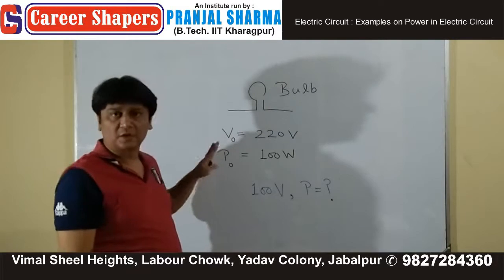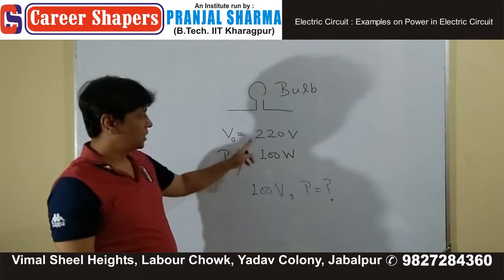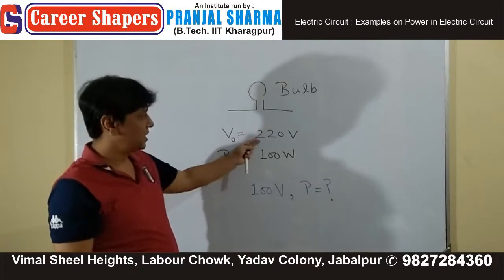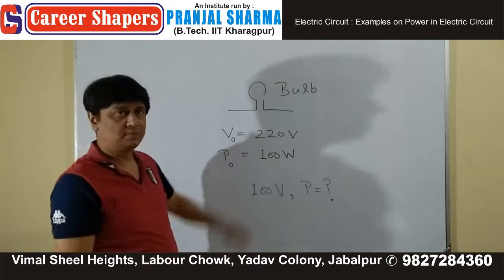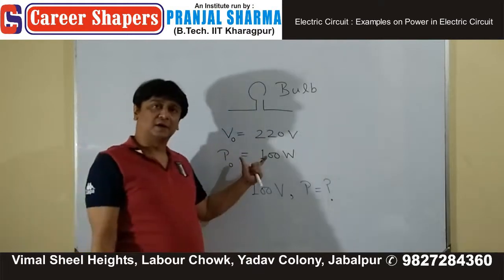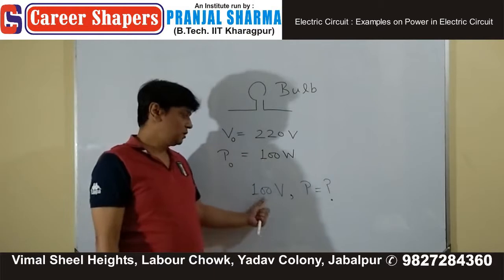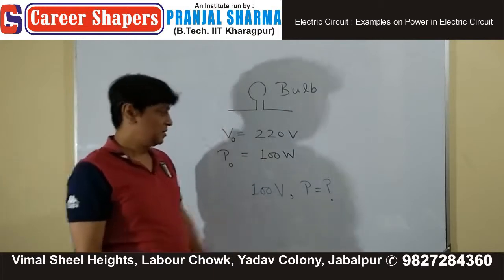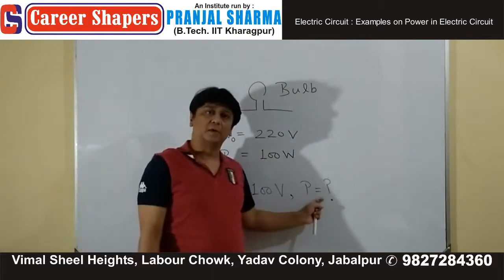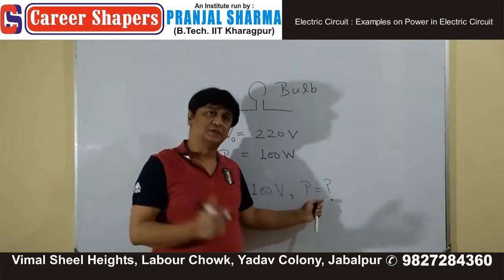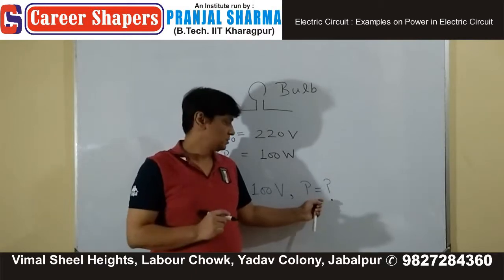V0 and P0, these are the standard values. If you connect it across a 220 volt supply, you will get 100 watts. But back home, when you connected it to a 100 volt supply, what is the power output which you will see? This is the question.